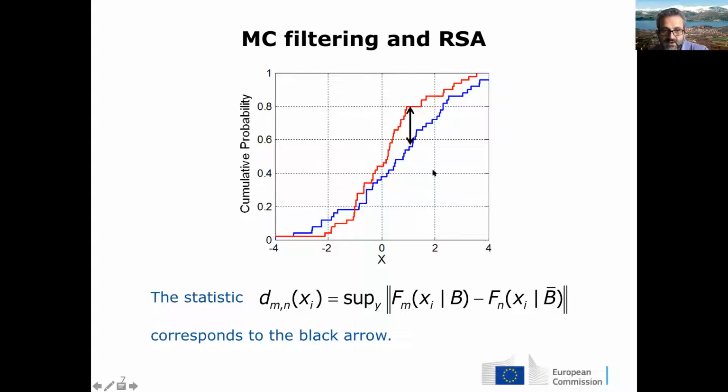This is how it is done in practice. Assume that the blue line is the empirical cumulative distribution of the X associated to the behavioral draws, and the red is the cumulative distribution of the draws of X associated to the non-behavior. The D statistic is the maximum of the vertical distance between the two lines.